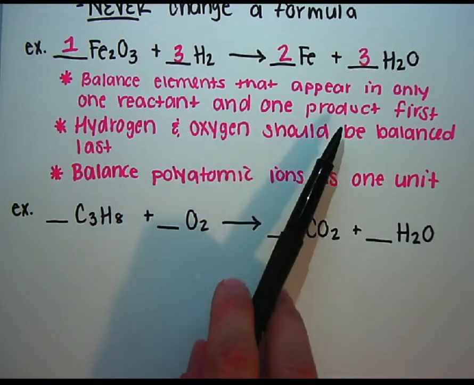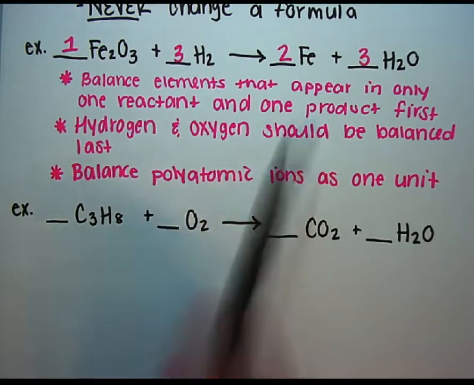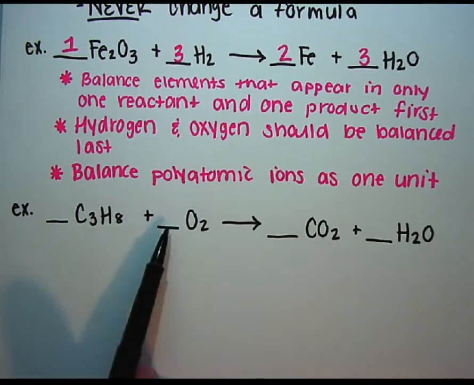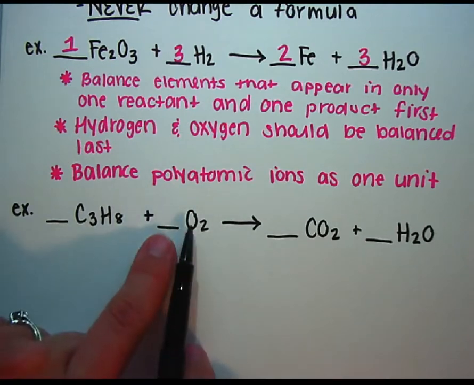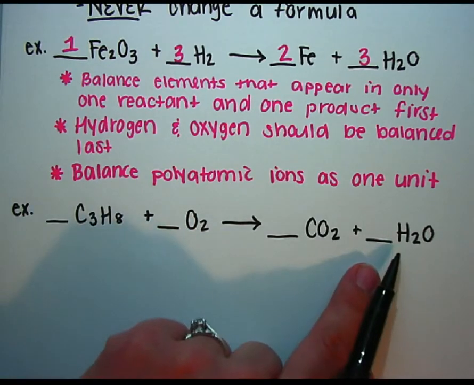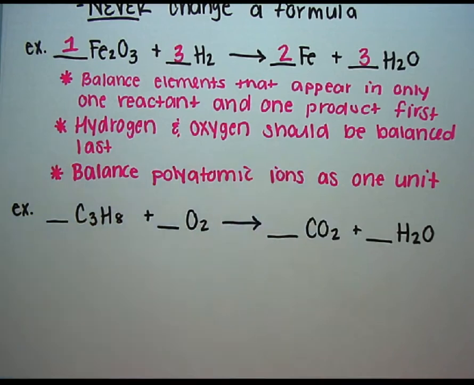Balance elements that appear in only one reactant and one product first. If you were to try to balance oxygen right away, as soon as you changed the coefficients for any of these compounds, the number of oxygens are going to change. So you'll want to do oxygen last.